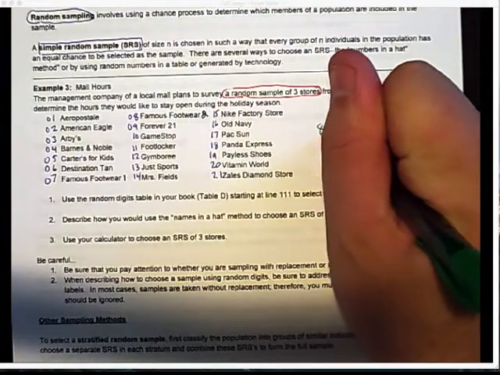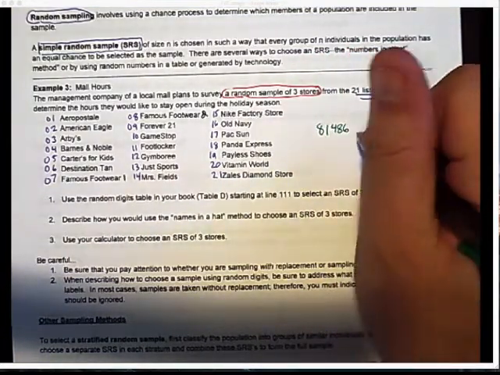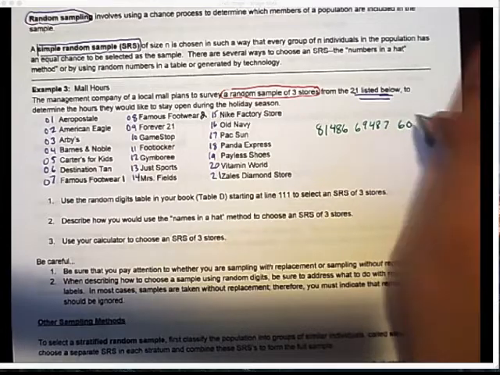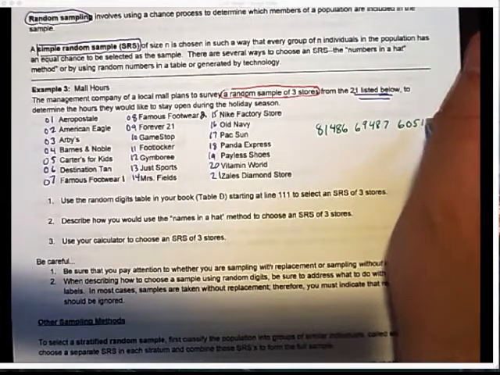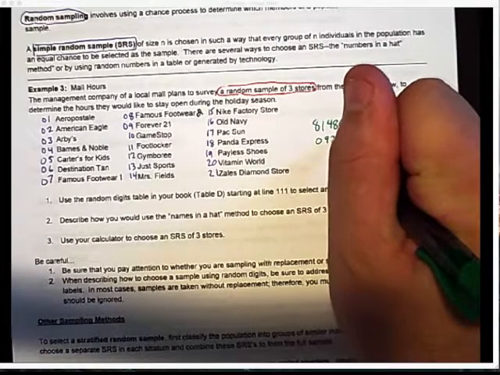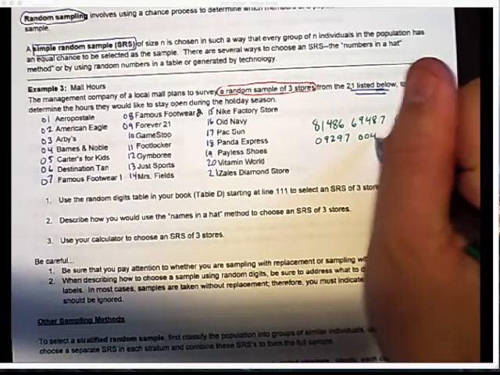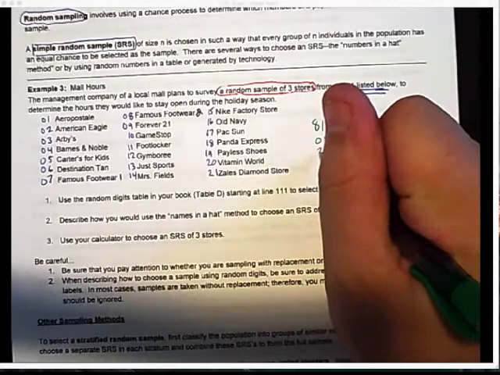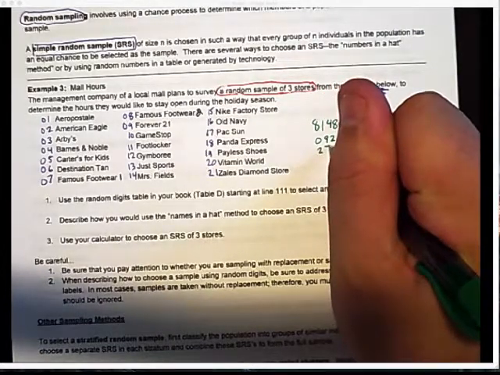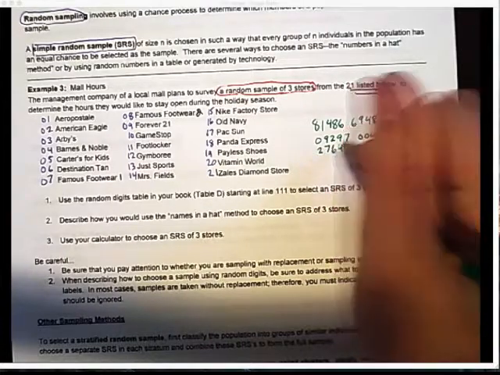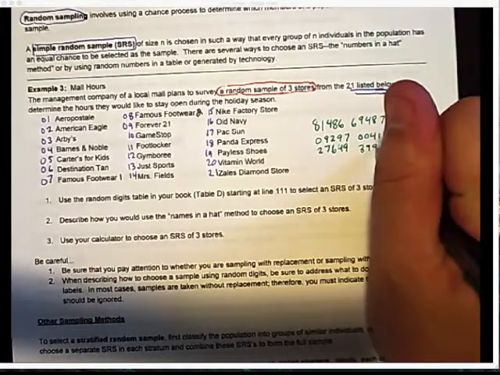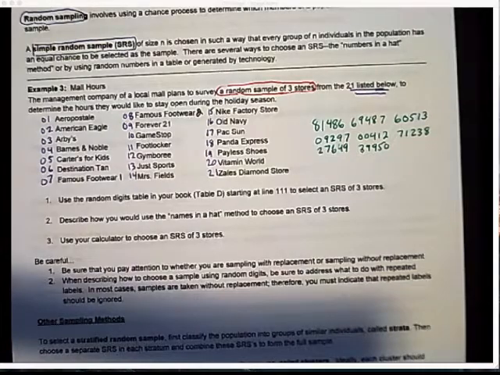The numbers start 81486, 69487, 60513, 09297, 00412, 71238, 27649, 39950. So those are the numbers in that row.